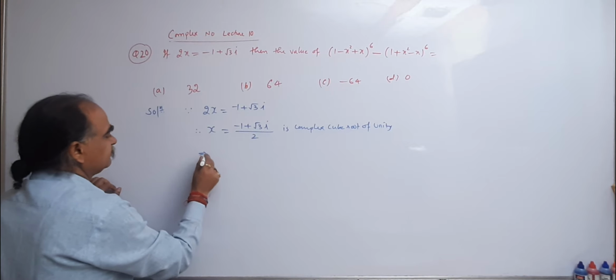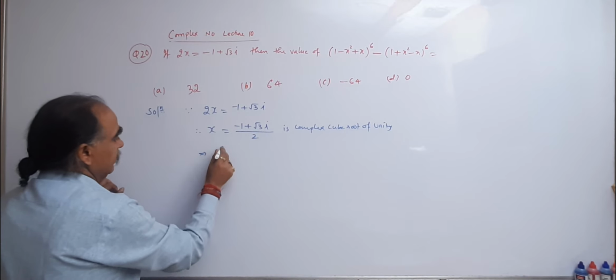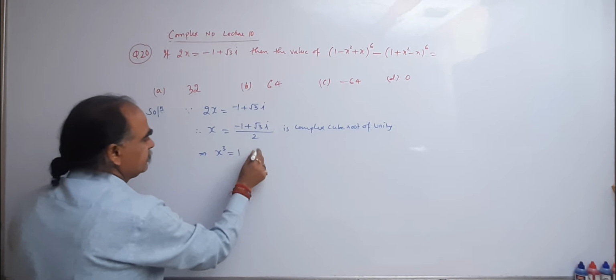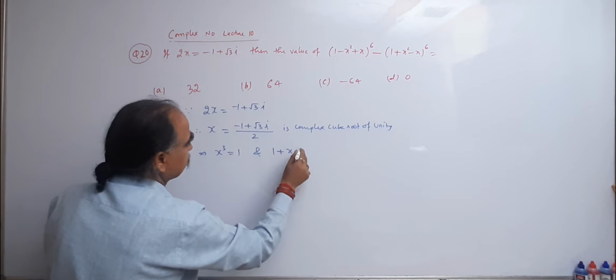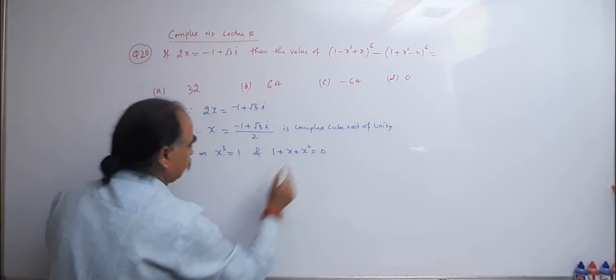So this implies x cube is 1 and 1 plus x square is 0.